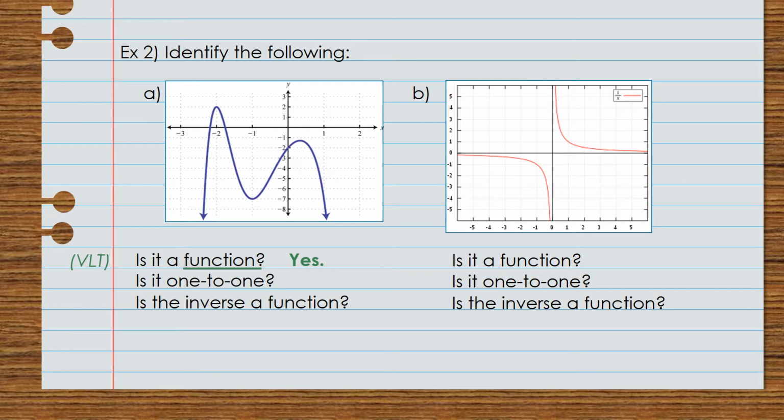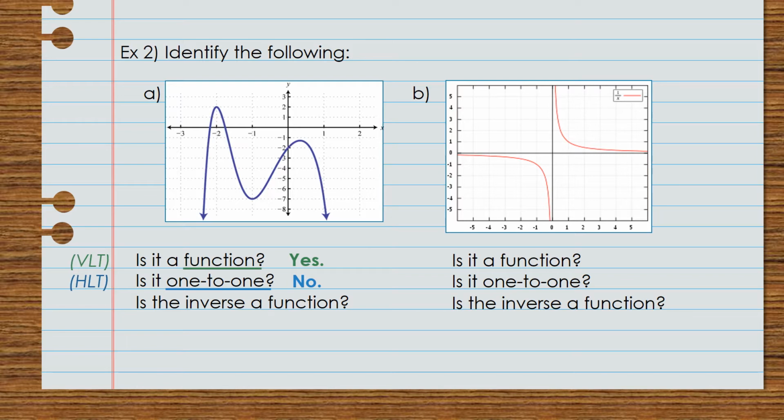Next, it asks, is it one-to-one? Well, one-to-one means we have to use what test? This is the new one. That would be the horizontal line test. So take a moment now to draw a horizontal line anywhere across the graph. Does it cross it more than once? Since the horizontal line will cross it more than once, that means this is not one-to-one.